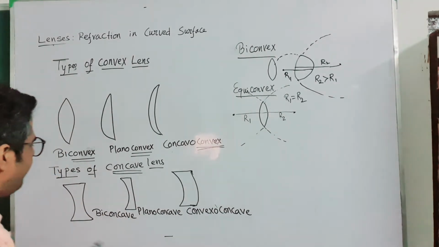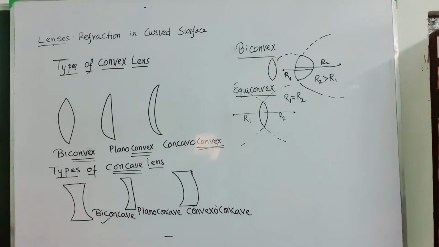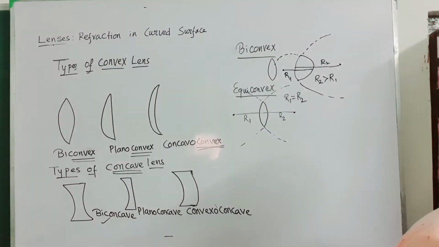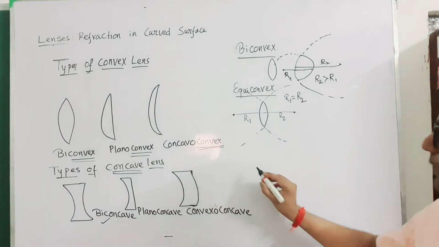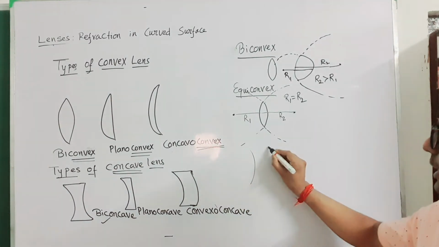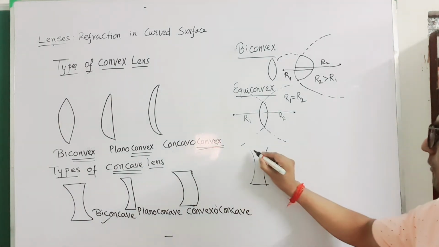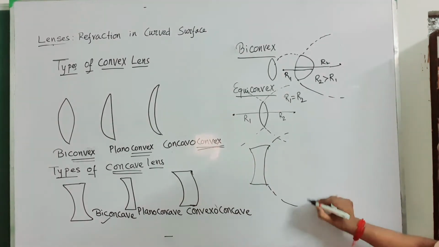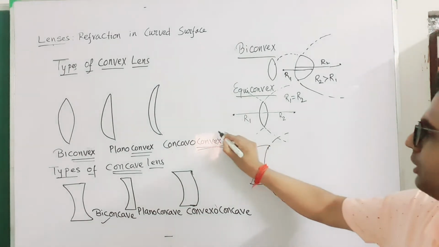Similarly, there can be biconcave and equiconcave. Equiconcave means the concavity of both the surfaces is the same. Biconcave means both the surfaces are concave, but they are not necessarily equally concave. If I want to draw a biconcave lens, this is a biconcave lens. This part of the lens is a part of a sphere, and this part is also a part of a sphere.